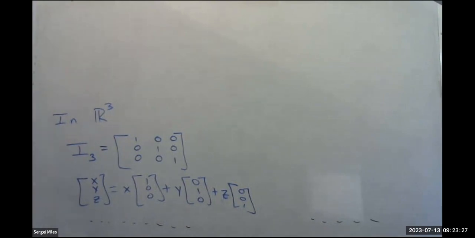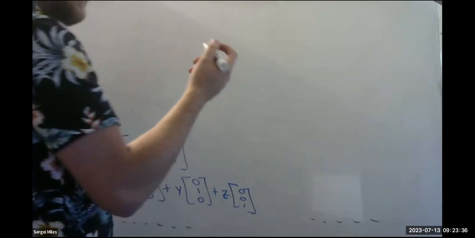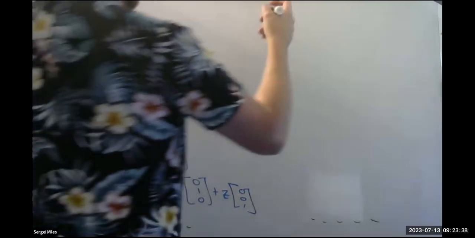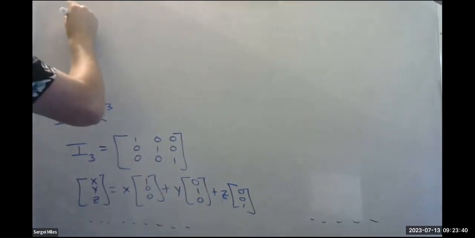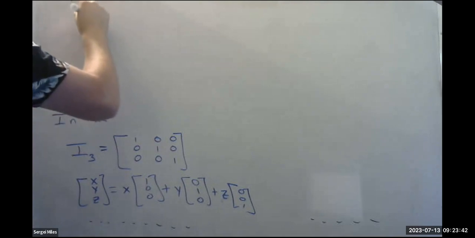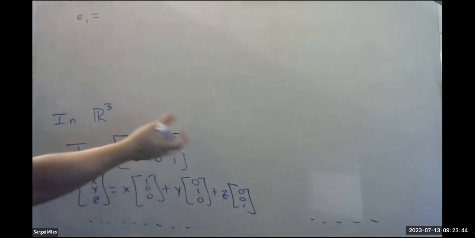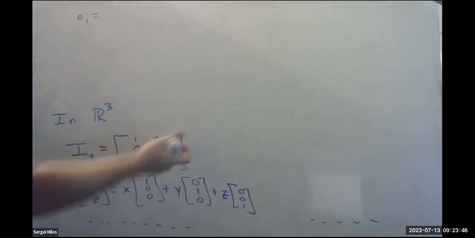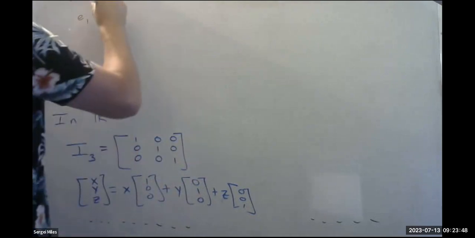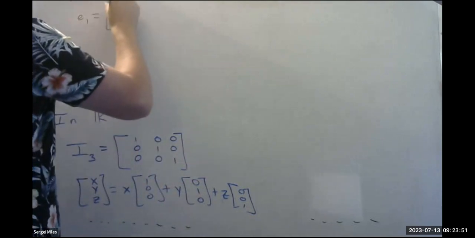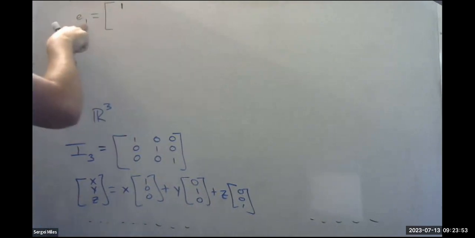So again, to introduce some notation, because this is going to be important for a theorem later, I'm going to put it in the notes for today. We can further abbreviate this where we're going to use E1 to be one of these column vectors in the identity matrix, where E1 is just going to be, I'm going to put 1 in the first entry.